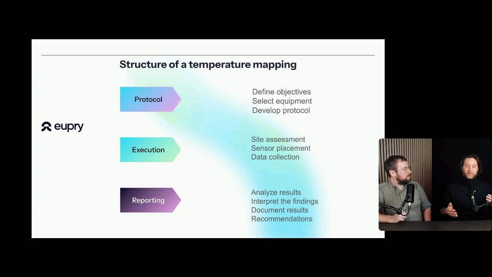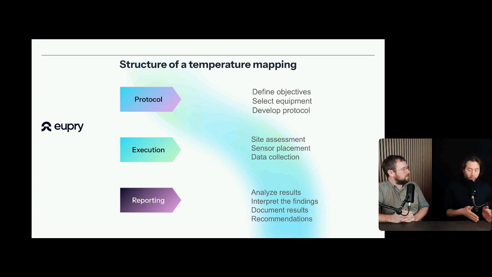Because perhaps you have more critical areas. You might have more doors. Maybe you have plenty of south-facing windows, and all those factors might change the layout of the sensors or data loggers. And of course, during the execution, we have the data collection.